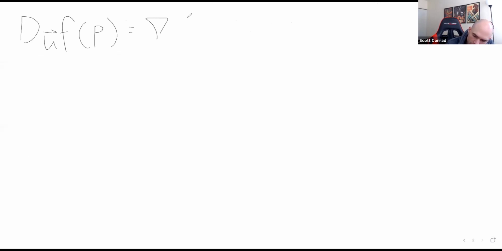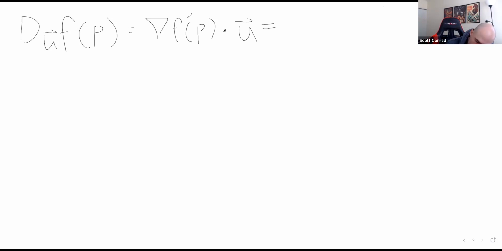So we have the gradient of f at our point, which is a vector, dotted with the unit vector in the direction that we're taking the derivative. So we have a dot product of two vectors here. Well, you should have this drilled into your brain, the dot product of two vectors.